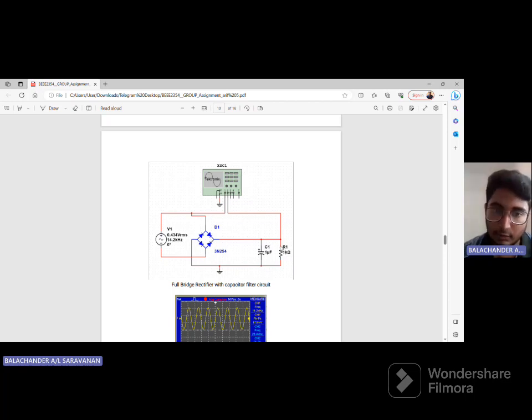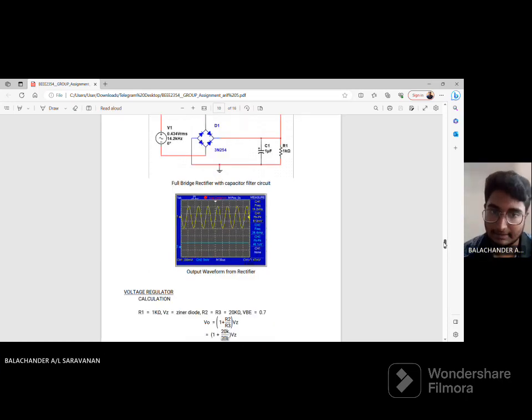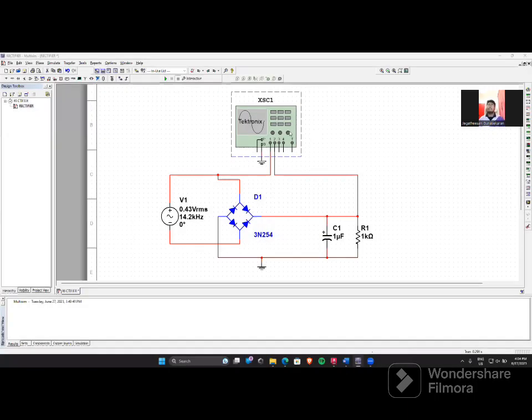R1 we also assume as 1 kilo ohm, and then we get the output like this. Here we can see the frequency is 14.2 kilohertz, with peak to peak of 613 millivolt. You can see the simulation for the full bridge rectifier.